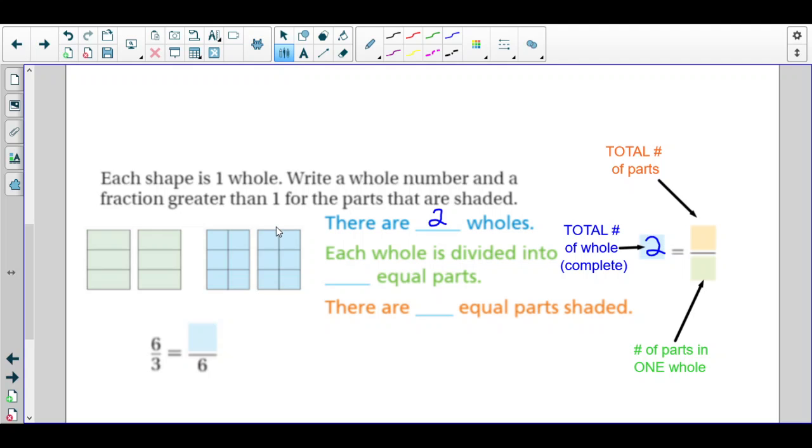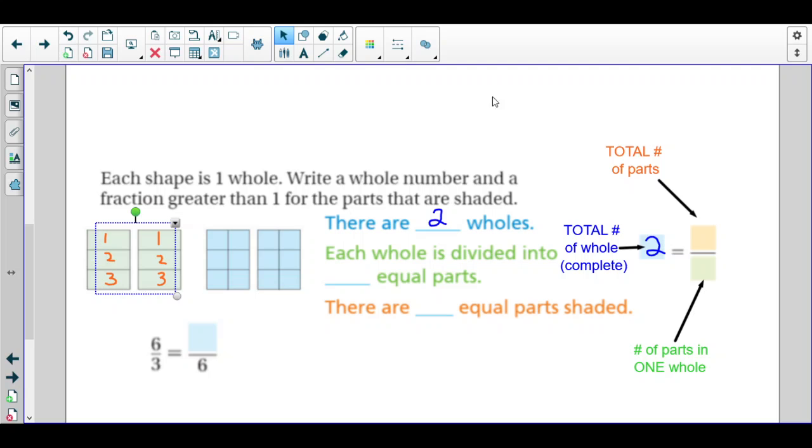Each whole is divided into blank equal parts. So 1, 2, 3. 1, 2, and 3. And let's go ahead for those right there just to keep everything consistent.